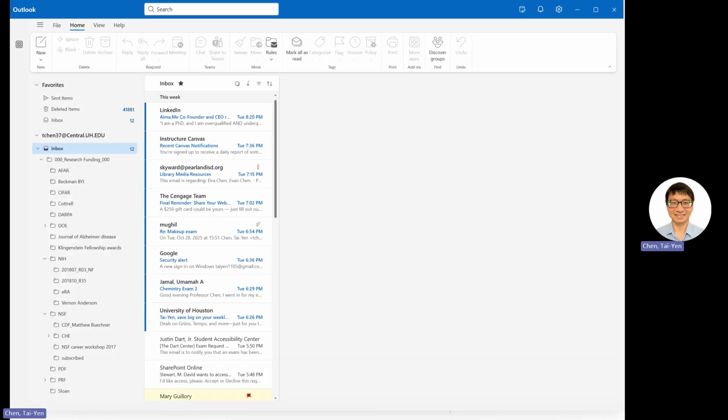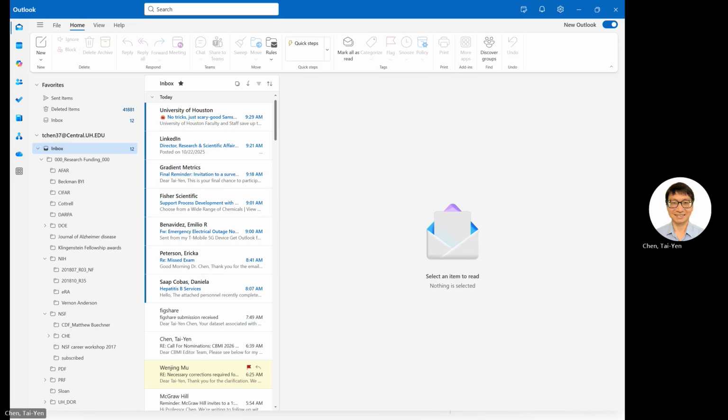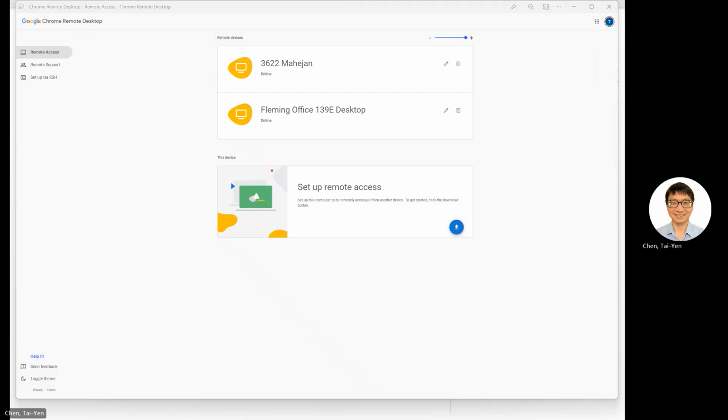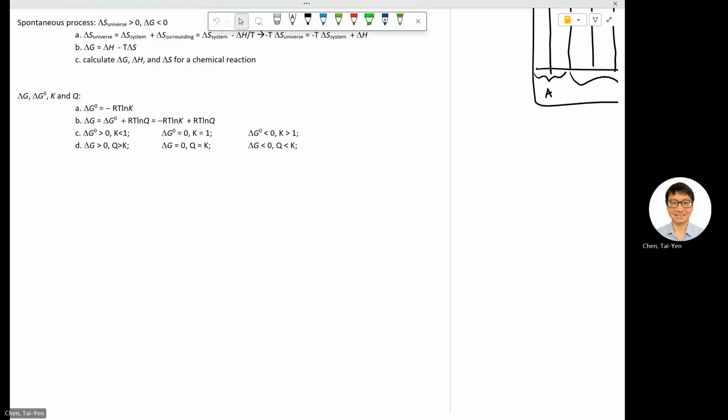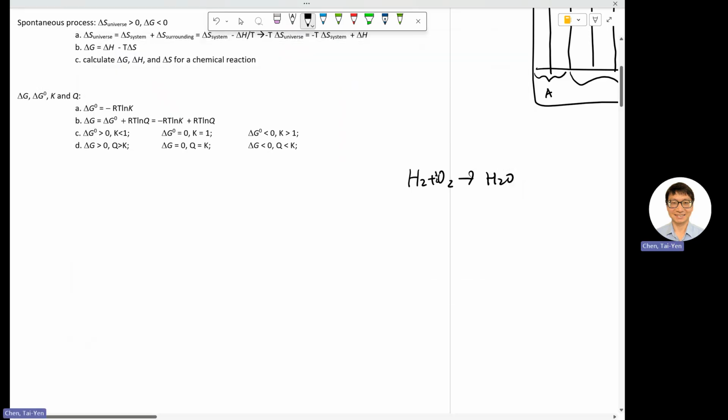Okay, so in this case, what is your system? This H2 plus O2 give you H2O. For this specific reaction, what is your system?